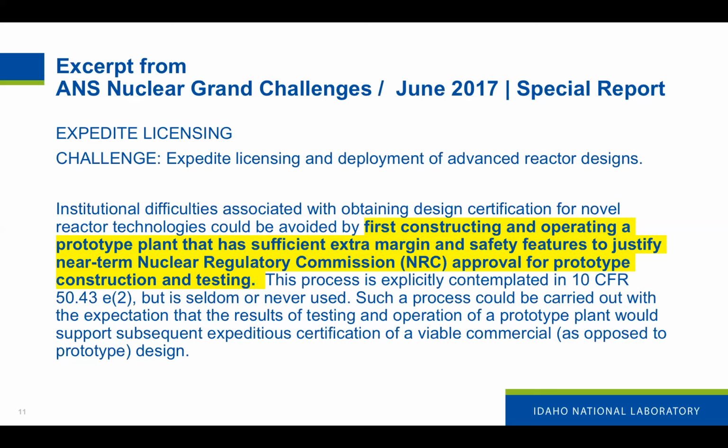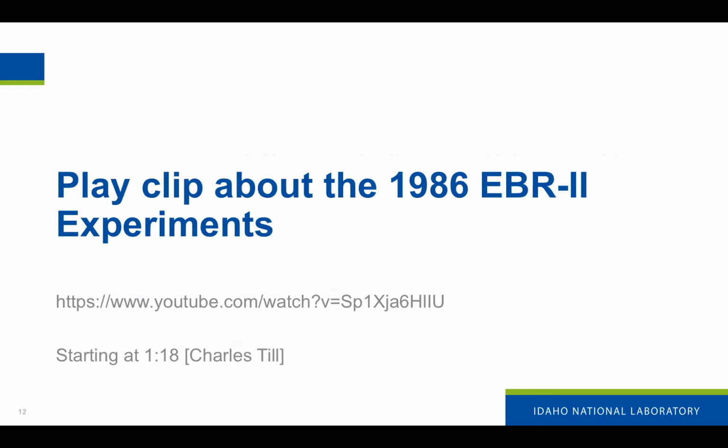Institutional difficulties could be avoided by first constructing and operating a prototype plant that has sufficient margin, and so forth. And it goes on to cite 10 CFR 50.43(e)(2), which is the piece I showed you a minute ago. So this grand challenge is saying, hey, look at that.